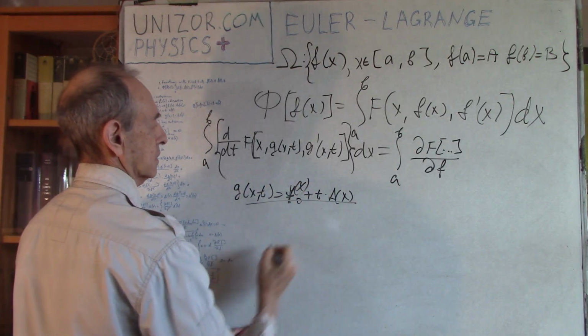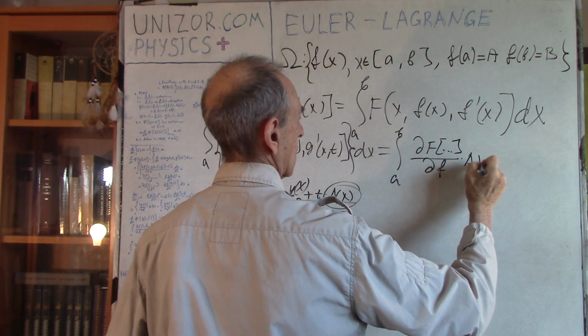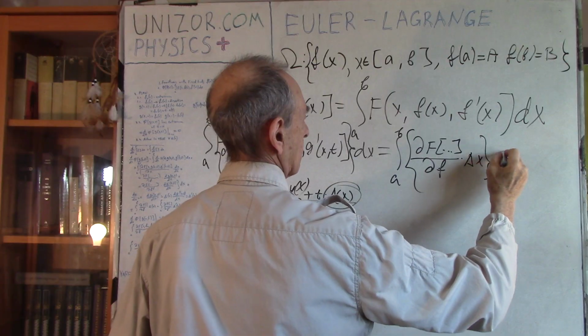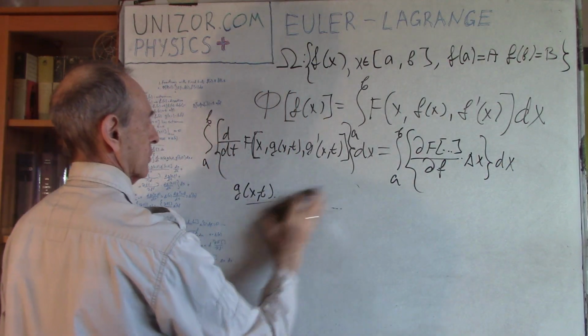So differentiation by t gives me delta of x, dx.